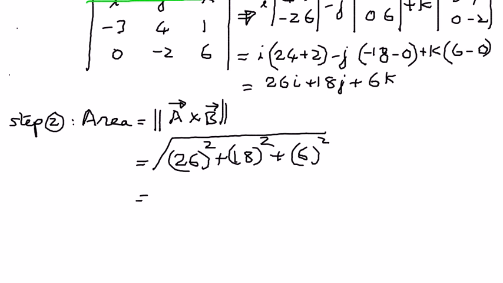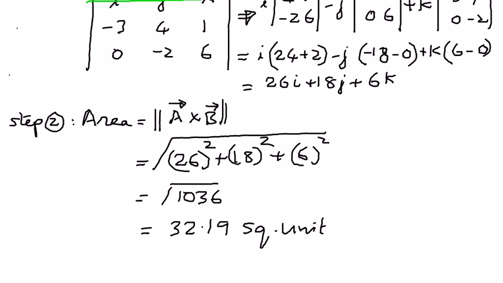So when we simplify all of that, it is going to come out as 1036. When we use our scientific calculators and try to find the square root of 1036, it is going to come out as 32.19 square units. The area is always measured in terms of square units.